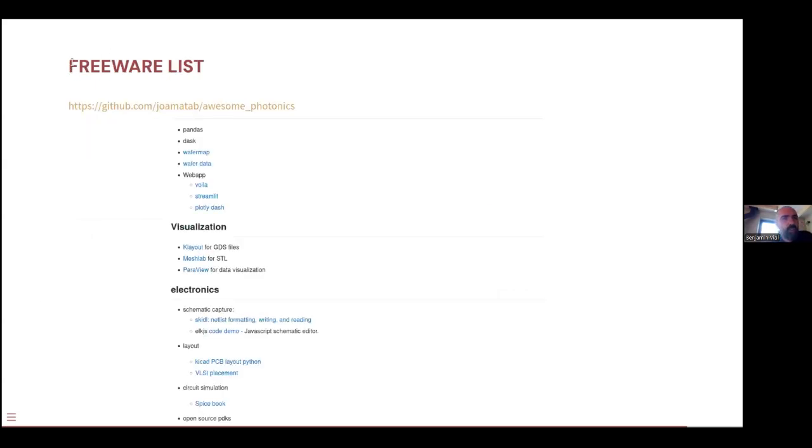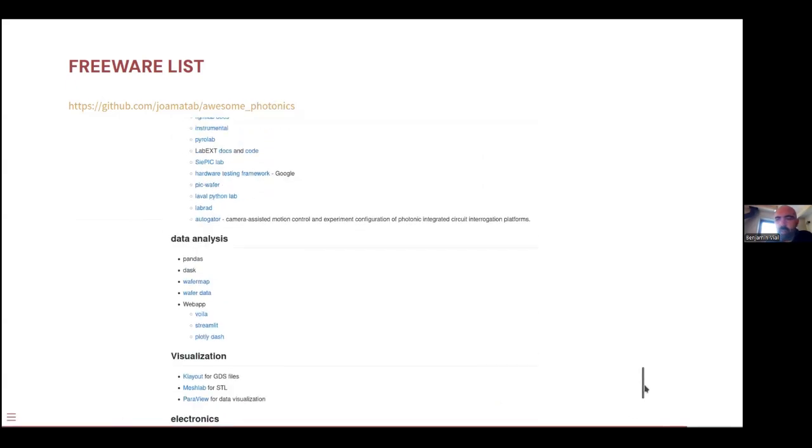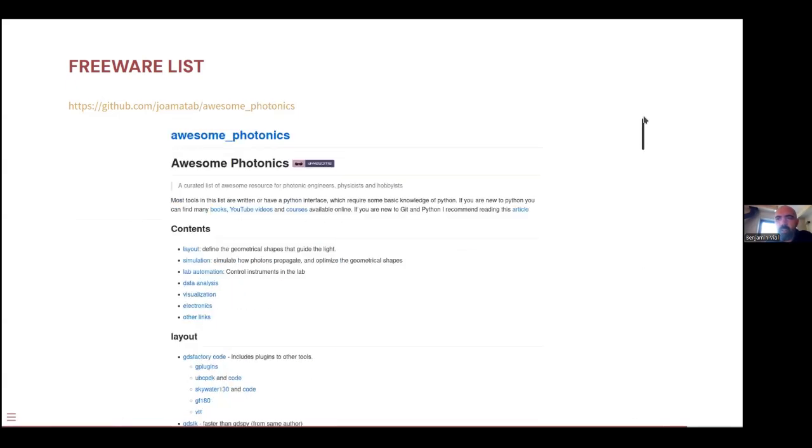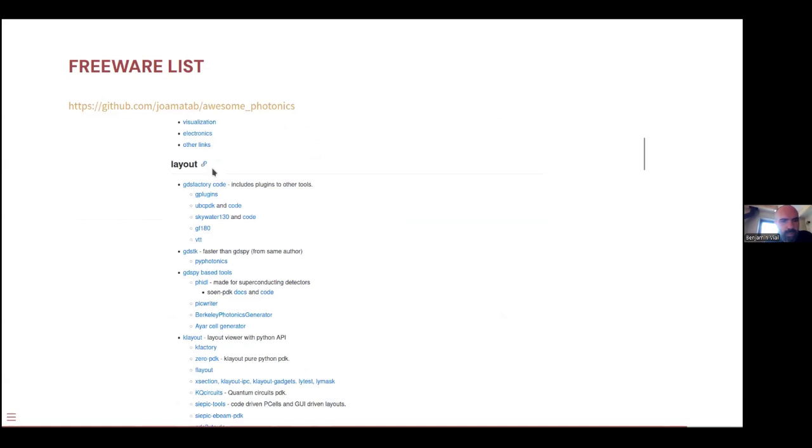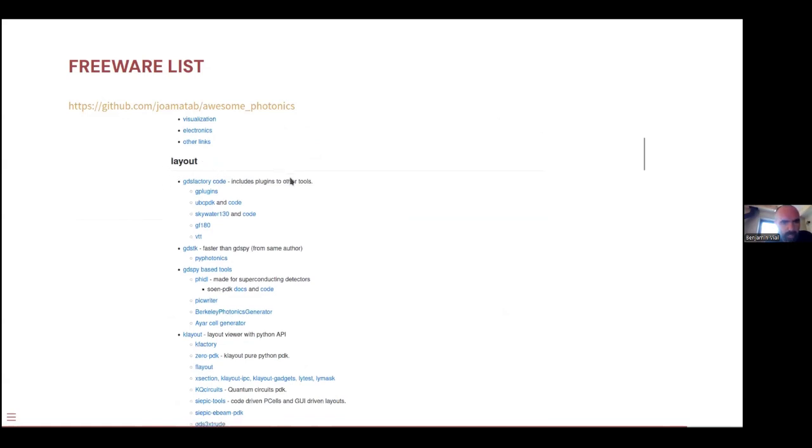Here is a freeware list that I found on GitHub, at this repository. There is a collection of open source tools for photonics. It's sorted by what the tools do: visualization, simulation, layout, building.